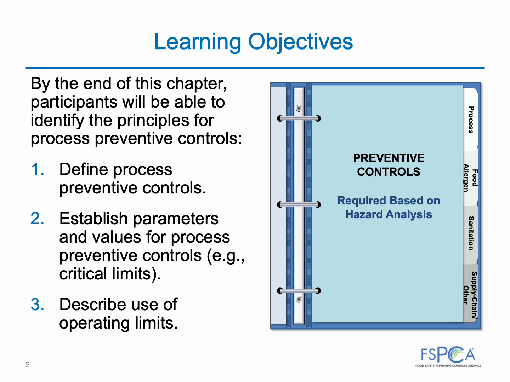Per the regulation 21 CFR 117.135(c)(1), process controls include procedures, practices, and processes to ensure control of parameters during operations, such as heat processing, acidifying, irradiating, and refrigerating foods.